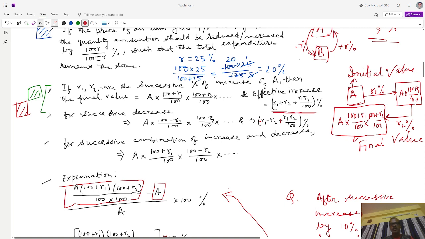In this case, the effective increase will be R1 minus R2 minus R1 R2 divided by 100%. Because R1 into minus R2 equals minus R1 R2. Okay.